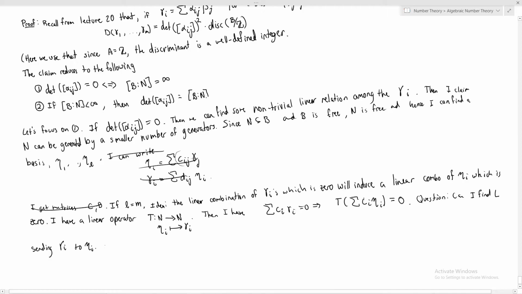Consider, let's say, if eta i equals the sum of the Cij's gamma j, consider how this matrix actually acts on n.